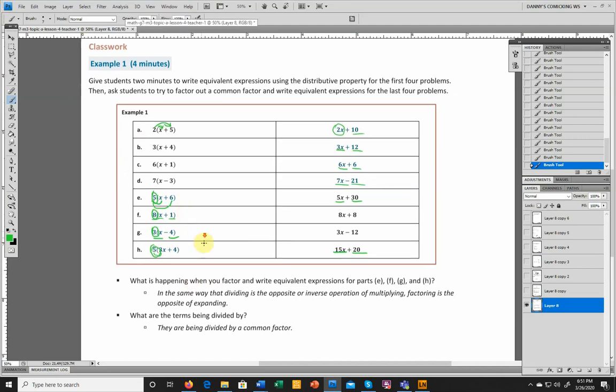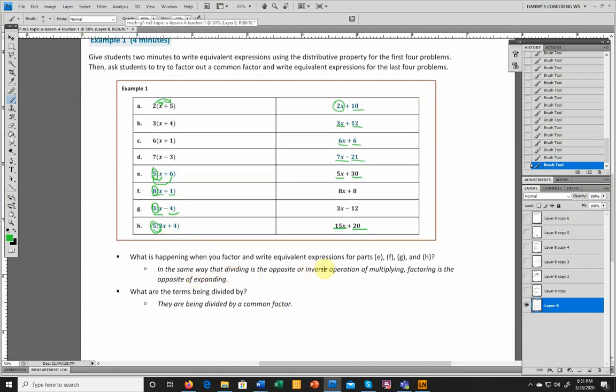Okay, so what is happening when you factor and rewrite the equivalent expression for parts E, F, G, and H? In the same way that dividing is the opposite or inverse of multiplying, factoring is the opposite of expanding. So up here, we were expanding our expressions.